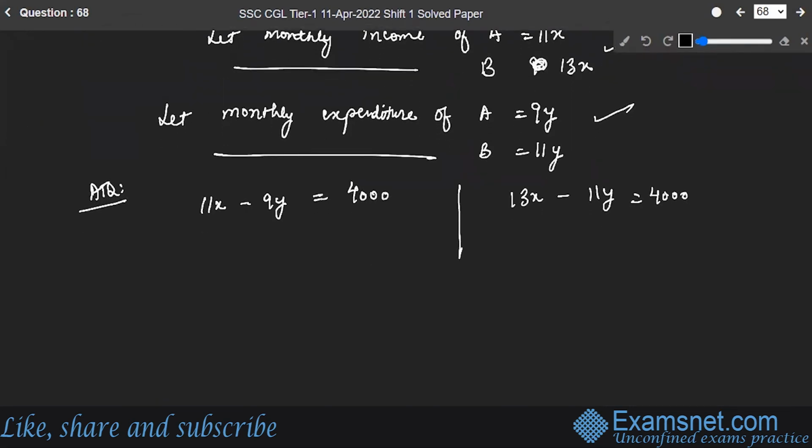We will solve them simultaneously. In the first equation, I will be multiplying this equation with 11 and I'll multiply this equation with 9.